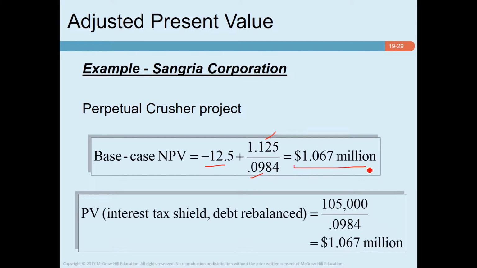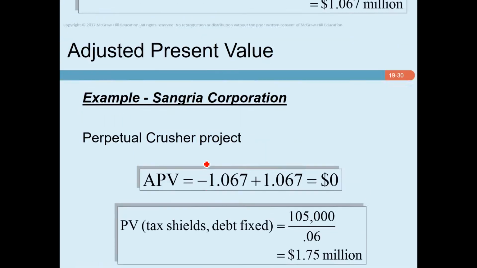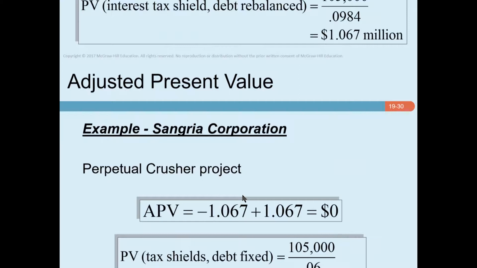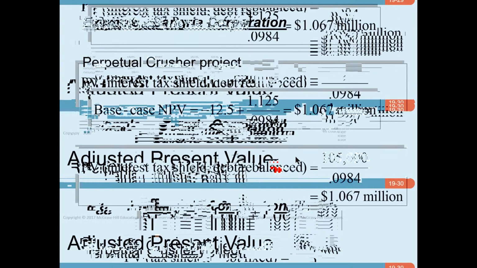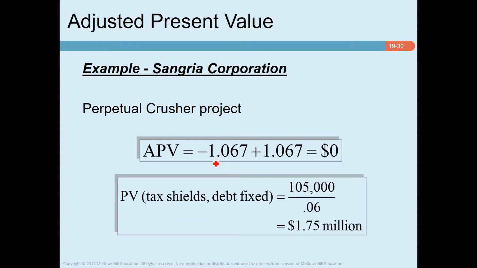So this is our base case NPV, and this is the present value of tax shield, which is 1.067. So the adjusted present value is, you can see that this is our base case NPV, which is basically a negative. Okay, this base case NPV is negative. So since our base case NPV is negative, and this is the present value of tax shield, the adjusted present value is 0.